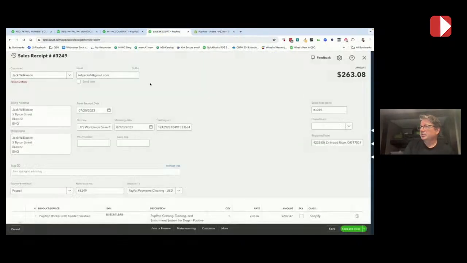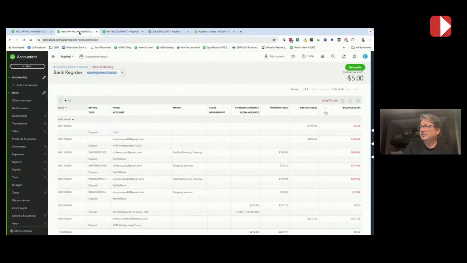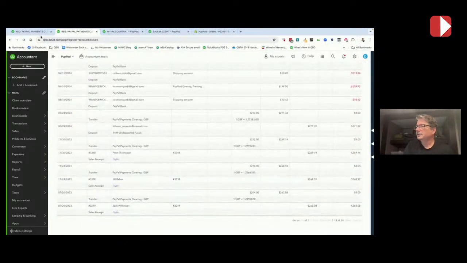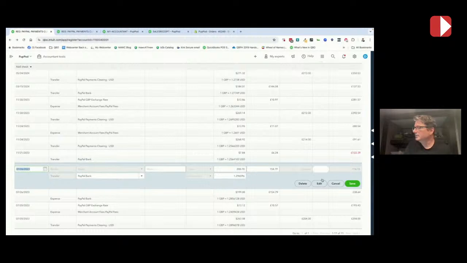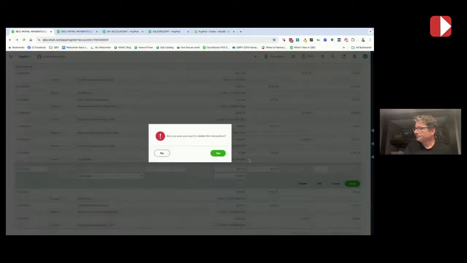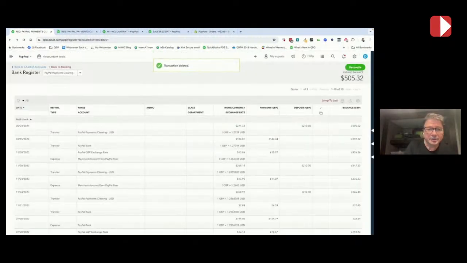Now, once we have this in here, let me get rid of that transfer because that is not accurate, and I'll stop sharing. So that's kind of how things will play out when it comes to putting the transactions in as the dollar amount that they show up.